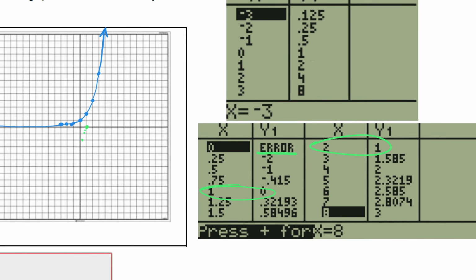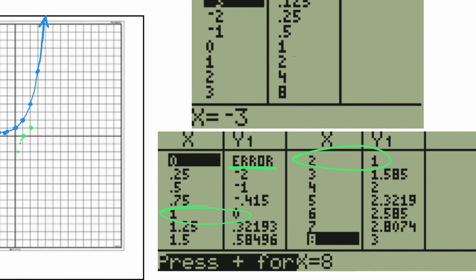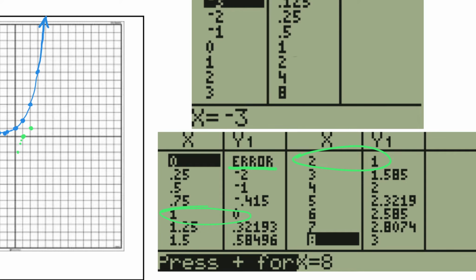Now I'm going to look for some other points as we go through here and just highlight these. We're going to go through the point 2, 1, which puts us right here. We're going to go through the point 4, 2. And then let's go ahead and move all the way out to 8, 3.